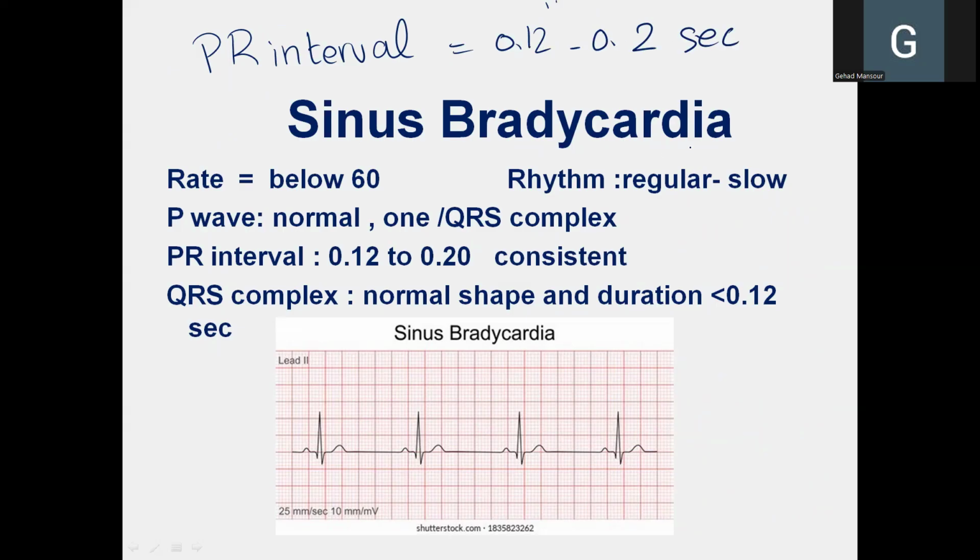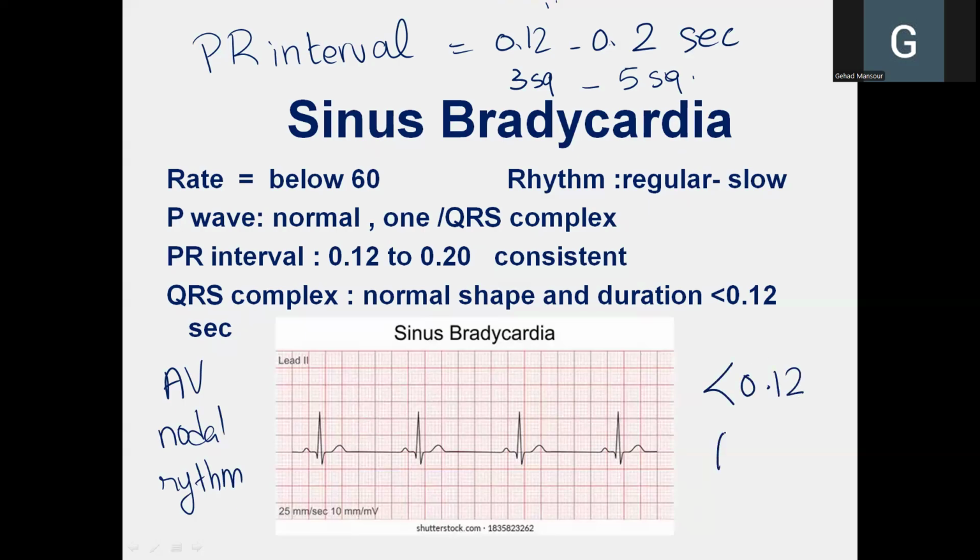So if this is sinus bradycardia, then it would be between 0.12 seconds, which is 3 small squares, and 0.2 seconds, which is 5 small squares. You have to learn how to translate the time into a number of squares, because this makes your life easier. But if it were an AV nodal rhythm, then the PR interval would be shorter than 0.12 seconds, or it might be absent altogether. So here we have a good PR interval that is between 0.12 and 0.20.